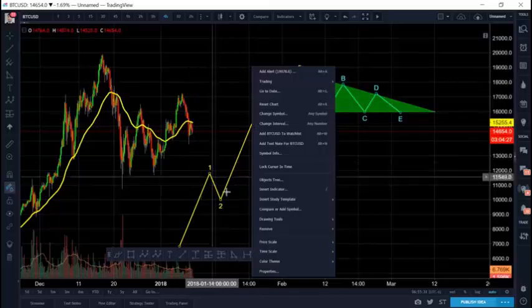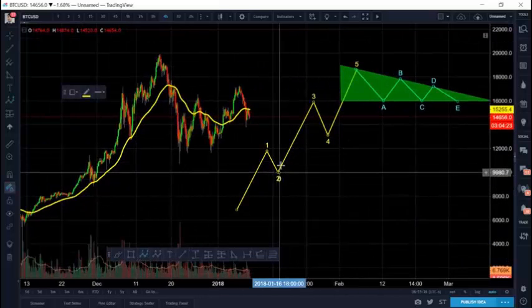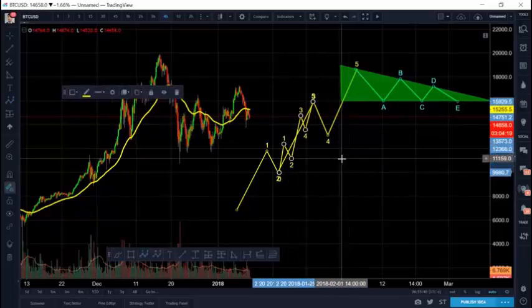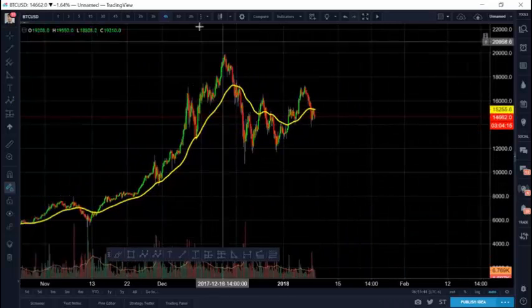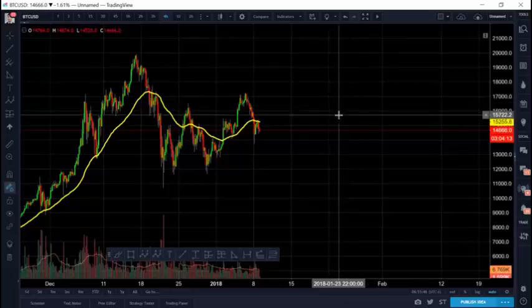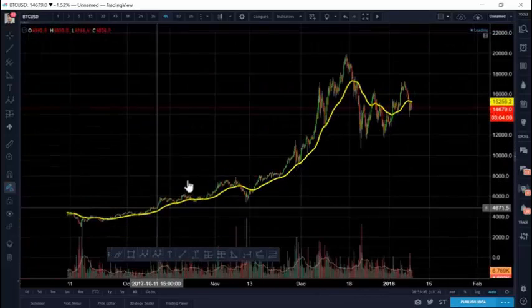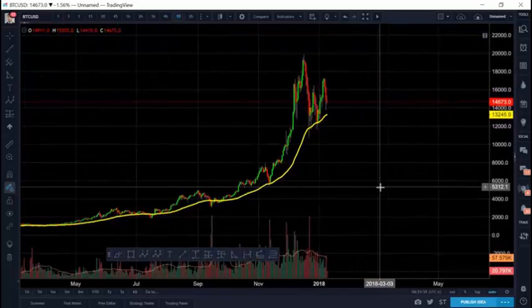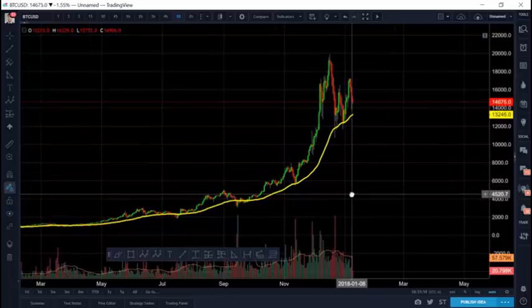And I forgot to mention that within each of these waves, there's also 5 primary waves as well, or 5 impulse waves. Okay. Now that we have the basics and the fundamentals down, we're going to take a look at Bitcoin and what the heck is going on. So there's 5 waves in here. I'm not going to get to counting all of them, but there's 100% with certainty 5 waves in here.